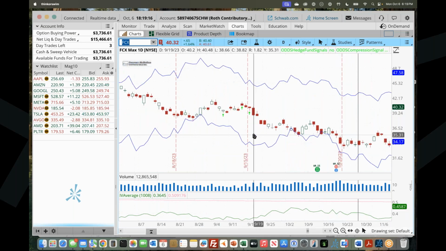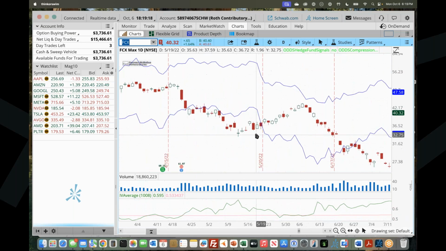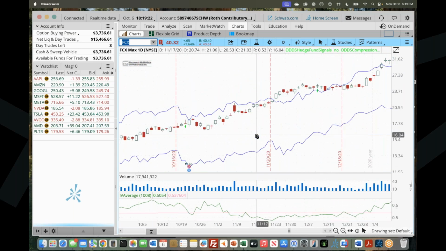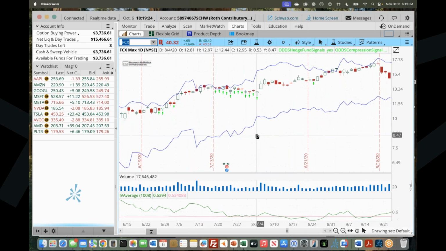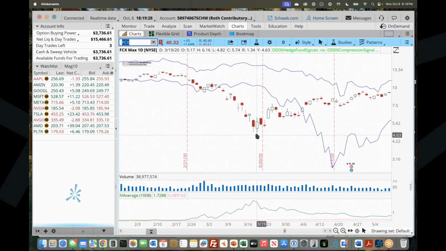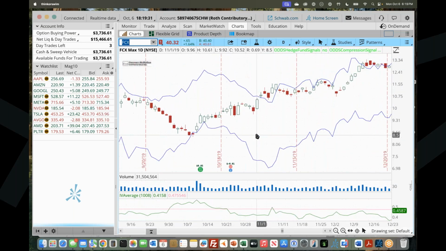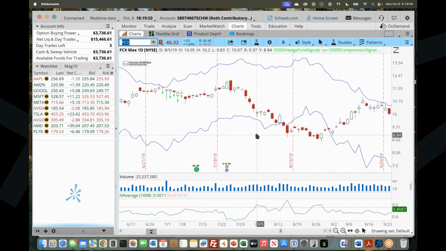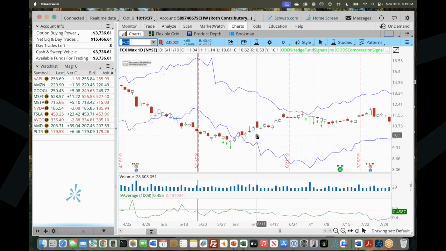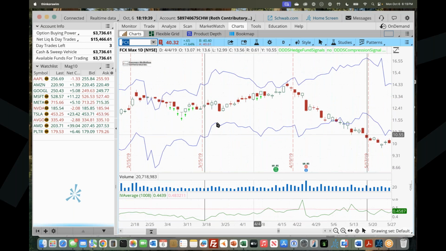I just held on to this all the way to the end, and it resulted in a nice profit. The previous time before that, I got to go clear back here to, I think it was 2019. Oh, there it is. So in 2019, it's more of the same kind of thing.